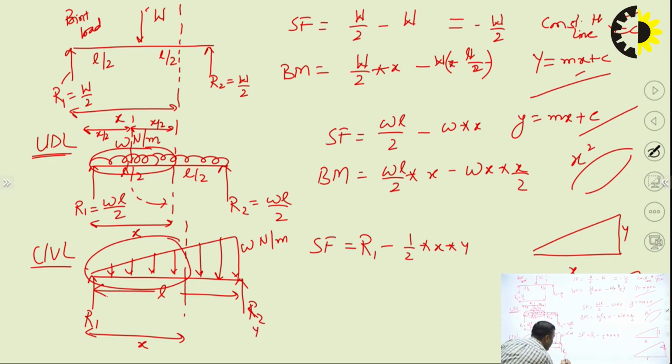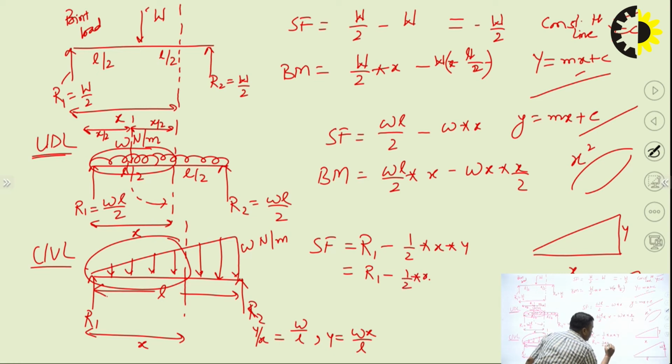I will be writing y upon x equal to w upon L. तो y कितना हो गया? y equal to wx by L. So here it will be R1 minus half into x into wx by L. The equation of shear force की इक्वेशन ही पैराबोलिक आ गई, एक्स स्क्वायर के टर्म में आ गई. Here we can observe x square.